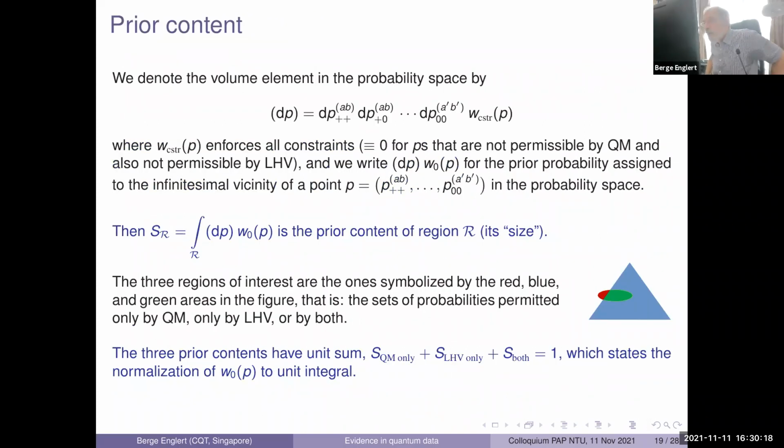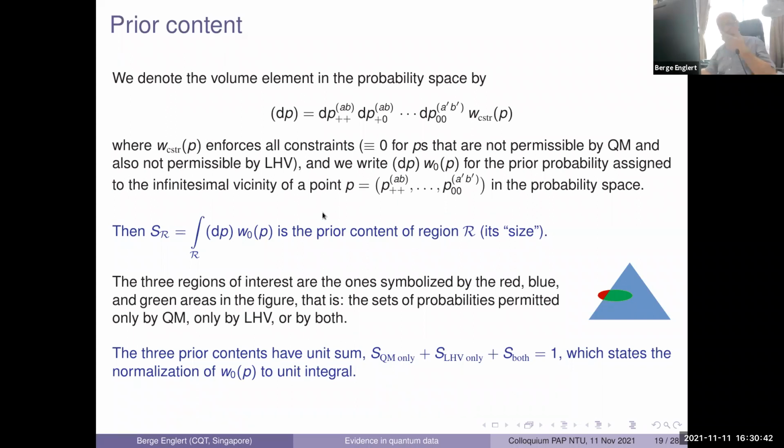So now we have a prior probability, and so in the probability space, we have a volume element, which is kind of the differential of all the probabilities, but multiplied by a function that incorporates the constraint. So this function is 1 when the constraints are obeyed, and is 0 if they are not obeyed. So it's a product of delta functions and step functions.